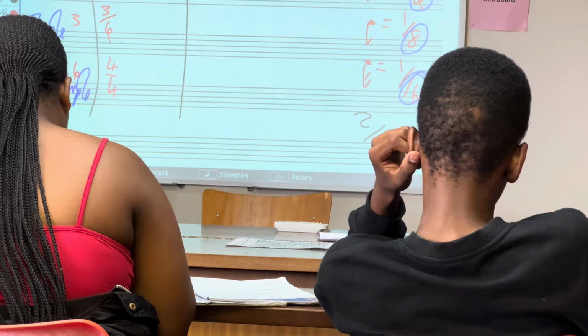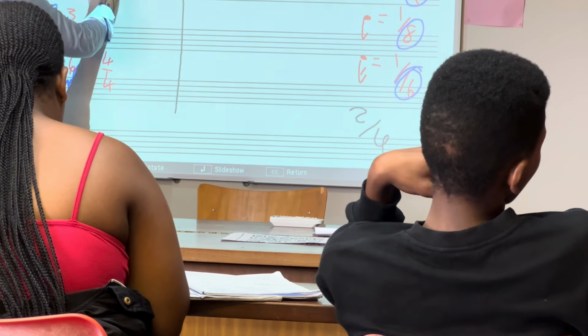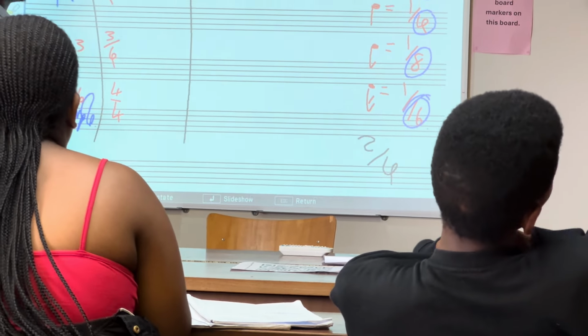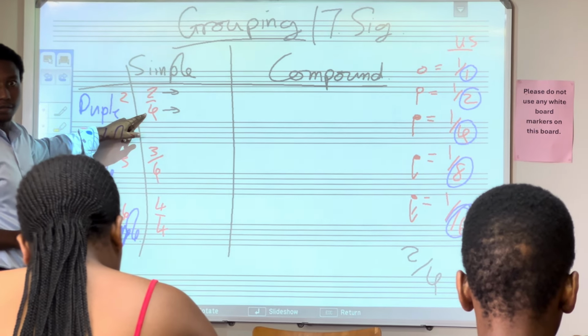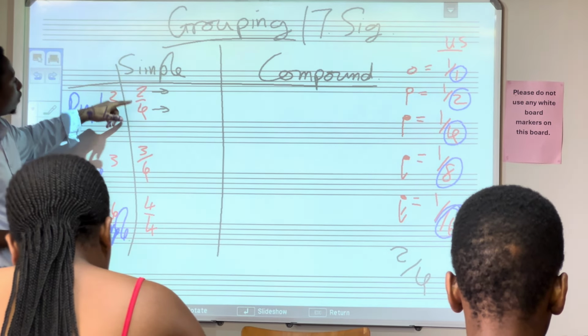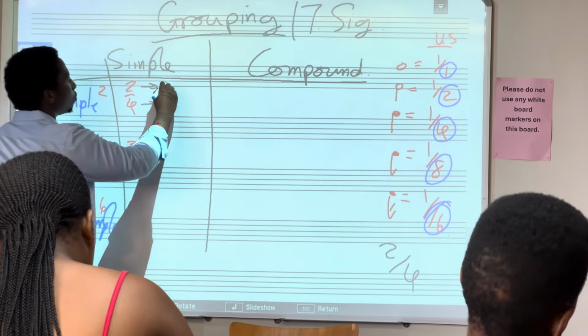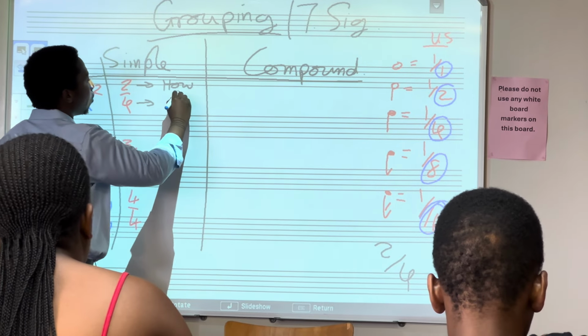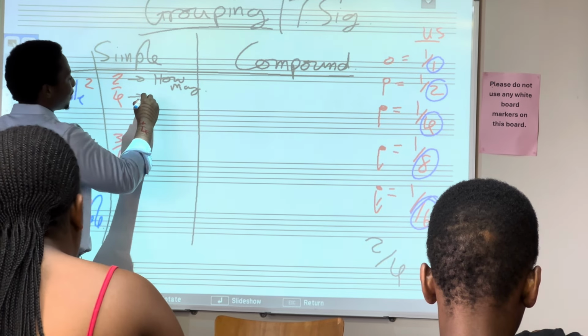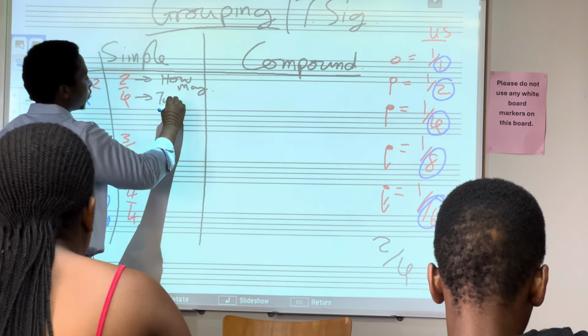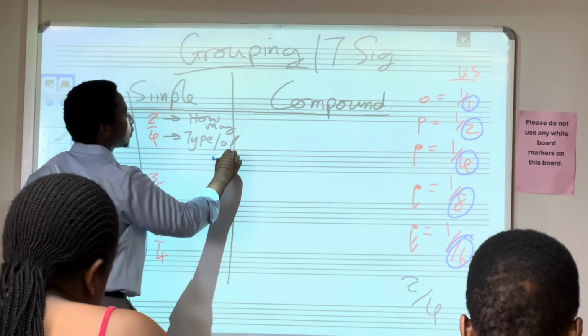In all of them, this means that I will have 2 crotchets or quarter notes. The top number tells you how many, the bottom tells you the type, or of what.